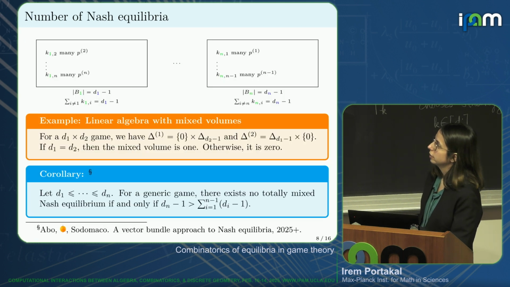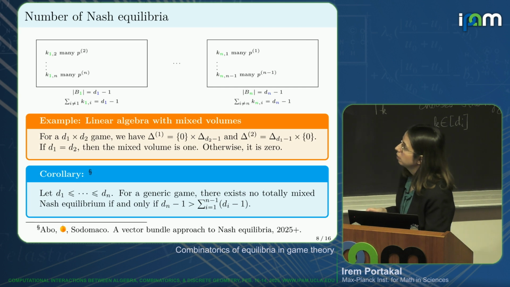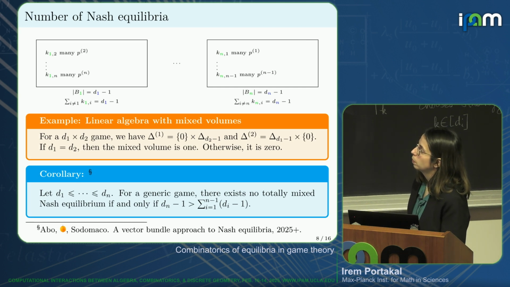Maybe in a picture it's nicer. So here I have my boxes. So it's the first box. This should have the d1 minus 1 many variables that I should put in. I can choose variables with an upper index p to the 2 or p to the n, but I can't choose the ones with the p to the 1. And I do this for all other boxes.